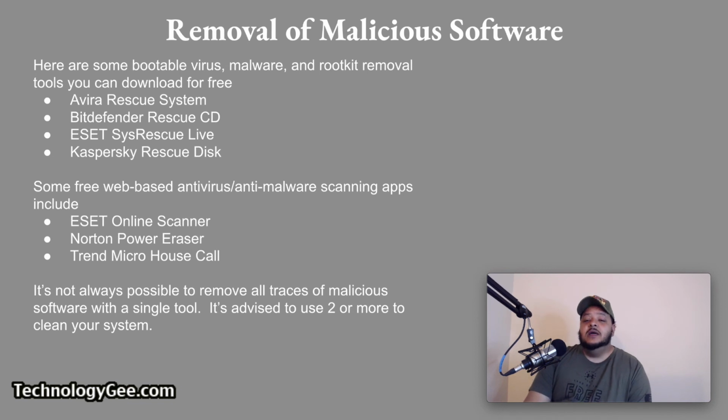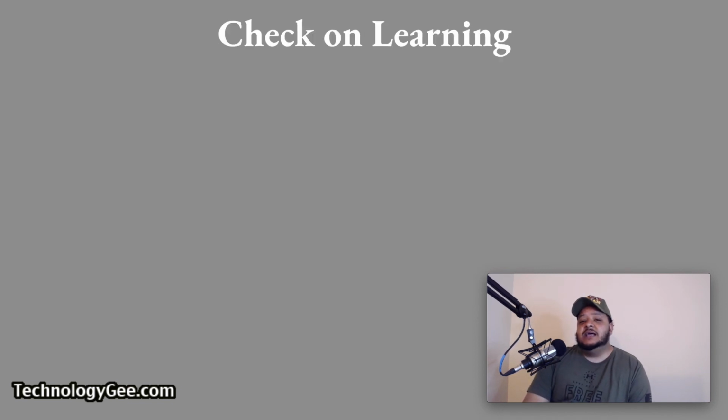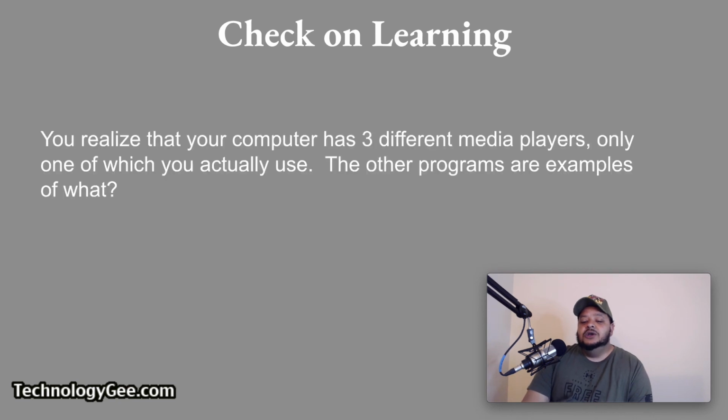All right, so that is our class. So let's do some check on learning. The first question is, you realize that your computer has three different media players, only one of which you actually use. The other programs are examples of what? Would it be malicious software?